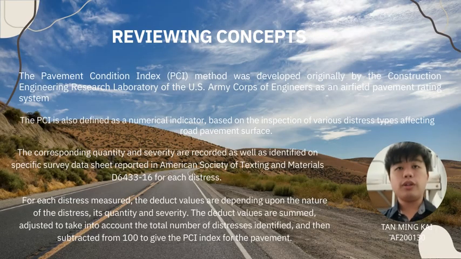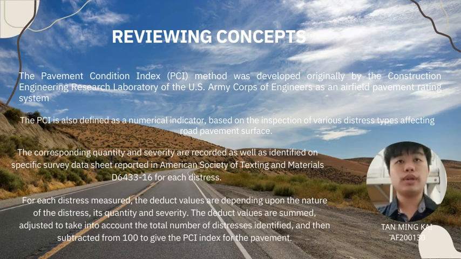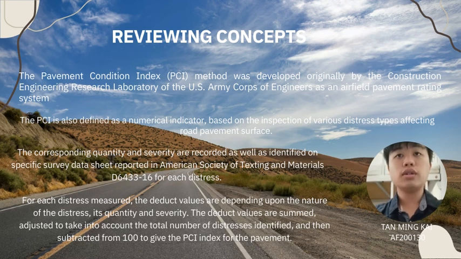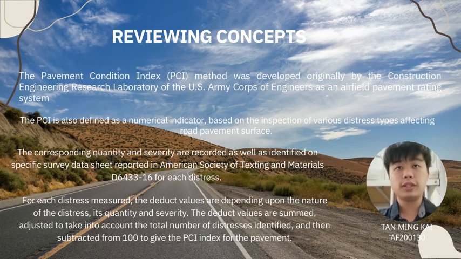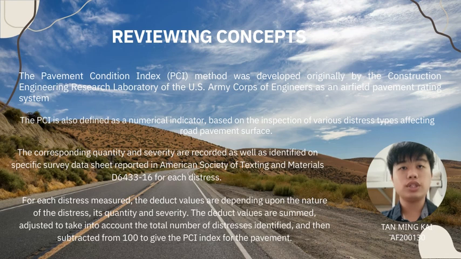The Pavement Condition Index (PCI) method was originally developed by the Construction Engineering Research Laboratory of the U.S. Army Corps of Engineers as an airfield pavement rating system. The PCI is a numerical indicator based on the inspection of various distress types affecting the road pavement surface. The corresponding quantity and severity are recorded on a specific survey data sheet reported in the American Society for Testing and Materials D6433-16 for each distress.